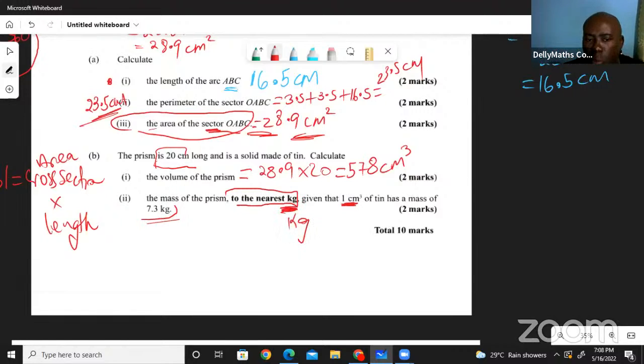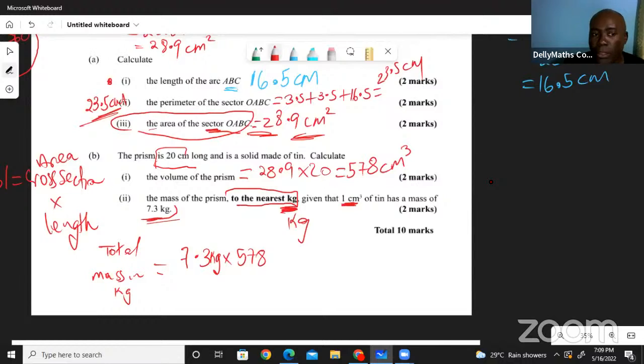Then they're saying that 1 cm cube of the tin has a mass of 7.3. So the total mass in kg is going to equal 7.3 kilograms multiplied by the 578, because for every 1 cm cube it produces 7.3.